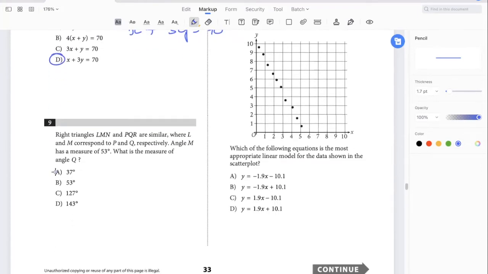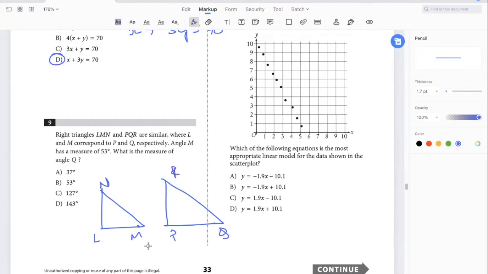Right triangles LMN and PQR are similar, where L and M correspond to P and Q respectively. Angle M has a measure of 53. What is the measure of angle Q? Okay, so right triangles, right? So let's just make 2 right triangles, LMN and PQR.